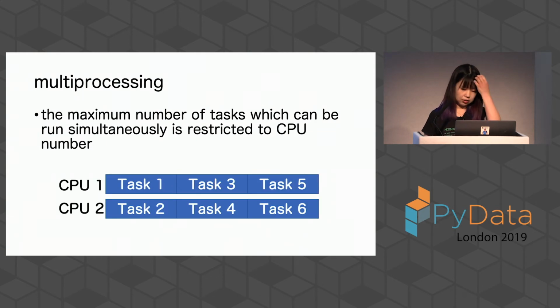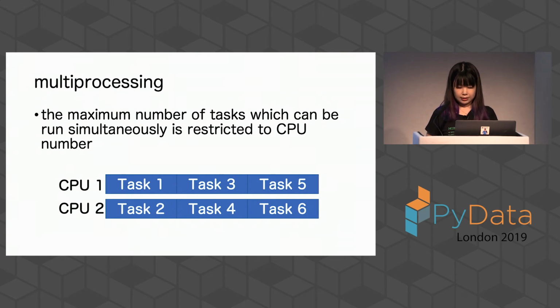And one more overhead. There is another point to take care of. Tasks which can run at the same time are limited to the number of CPUs attached to the machine.